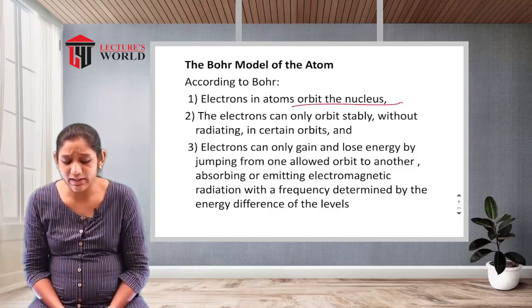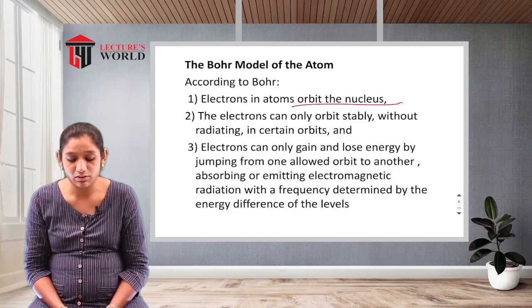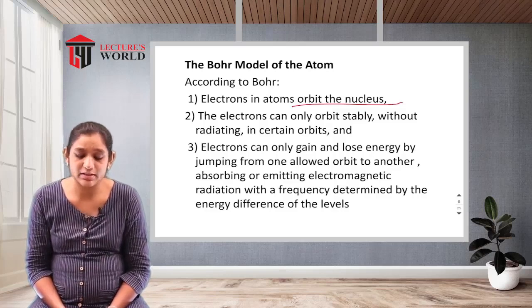Second, electrons can only orbit stably, without radiating, in certain orbits.